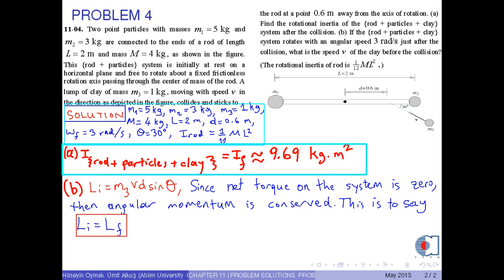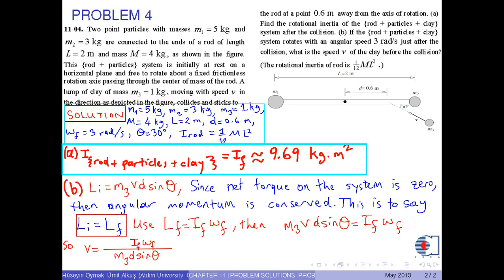We use the expression for angular momentum, which is L_F equals I_F times omega_F. Then m3 times v times d times sine theta equals I_F times omega_F. So the expression for v is I_F times omega_F over m3 times d times sine theta.